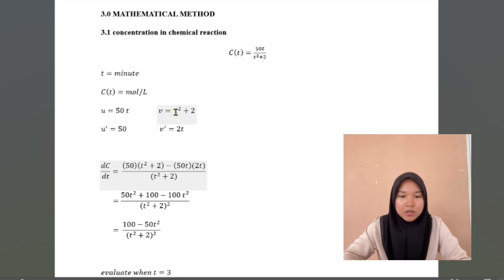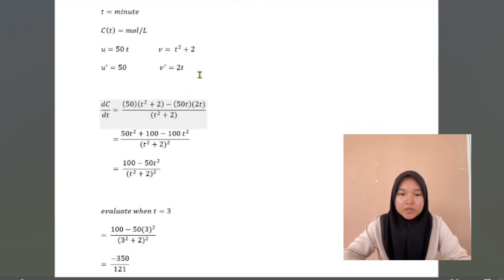Then U, we're going to differentiate 50T to U prime. So U prime equal to 50. So V, differentiate to V prime, we're going to get 2T. And then after we differentiate all, we're going to insert it into the formula. What is the formula?